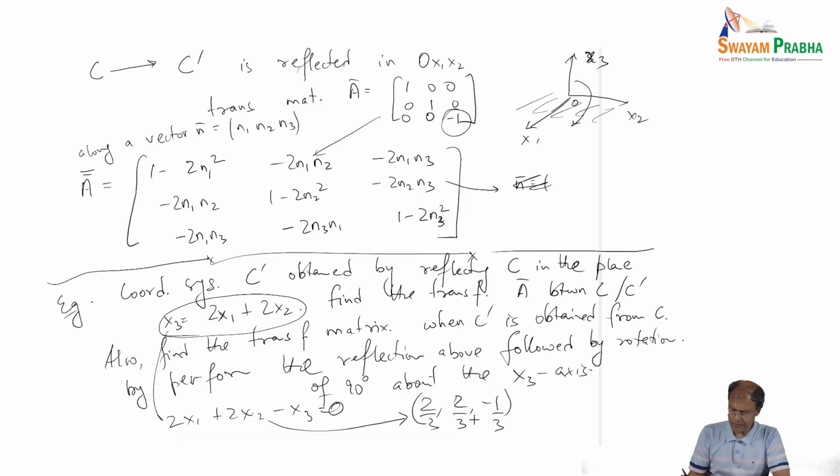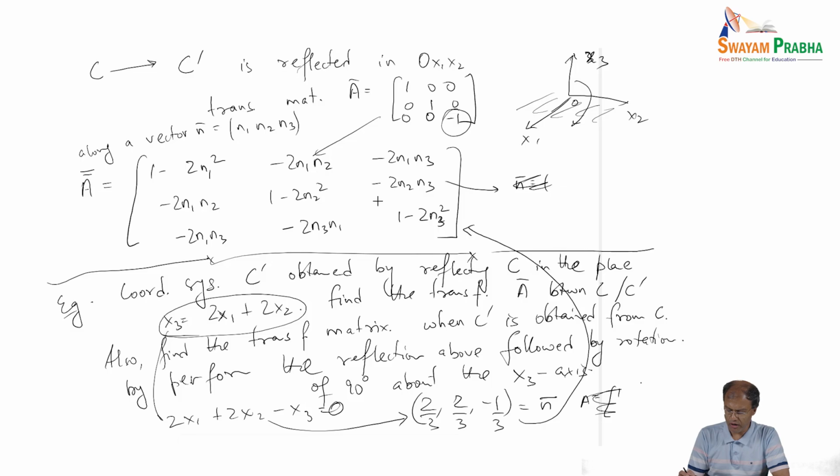This is our vector n along which the reflection is happening, and if we plug it into our matrix A, we will get the matrix. People can quickly find it out, it is fairly easy by plugging in the value of n.